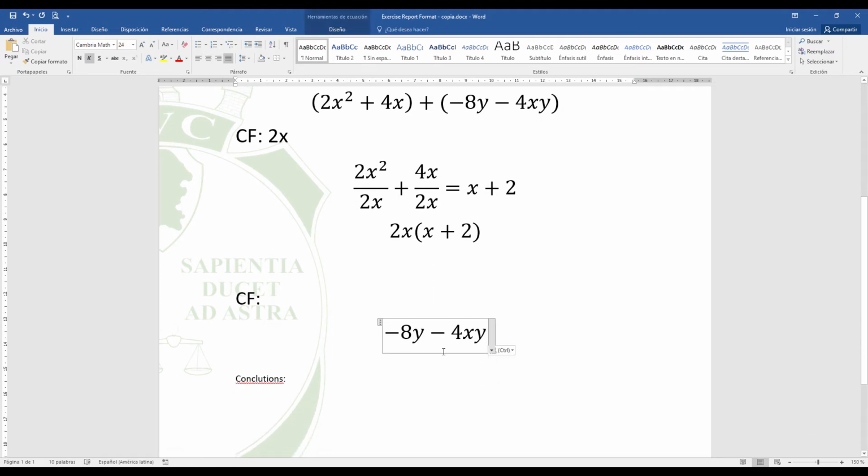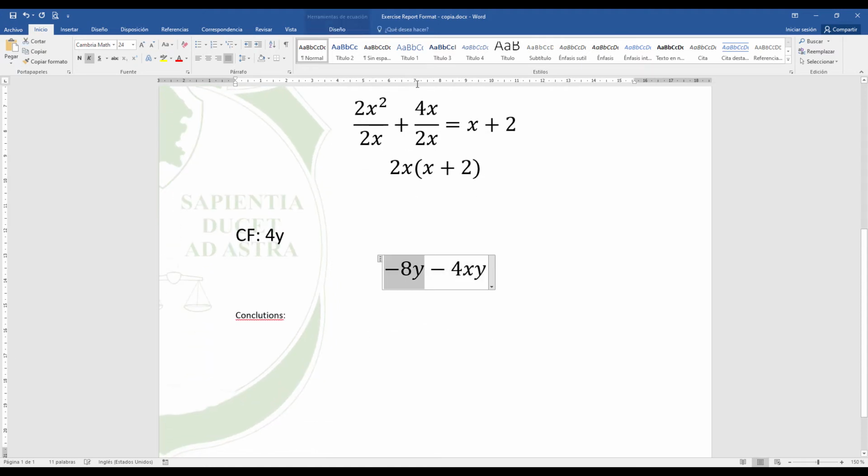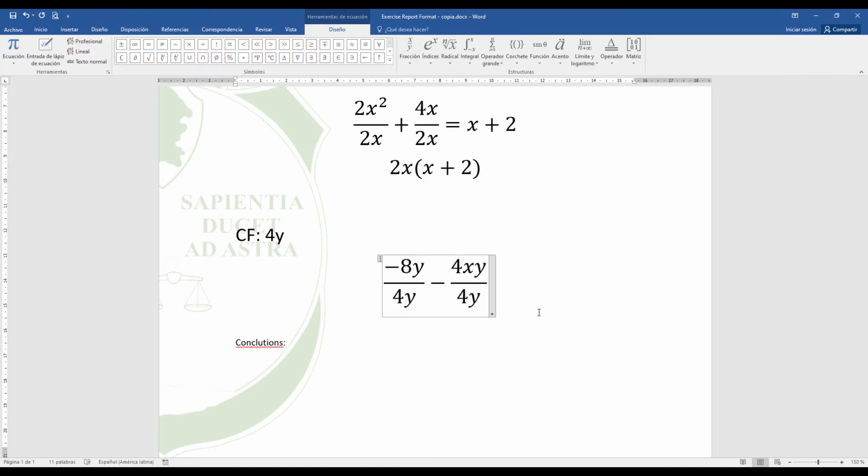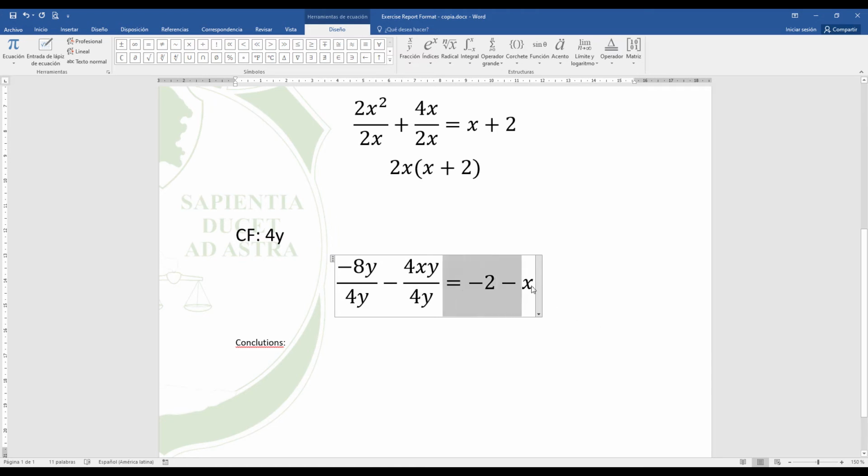Okay, the common factor of that expression in that case is y, but for 2, that number divides all the expression. So you need to divide by it, and the result is minus 2 minus x. So check here.